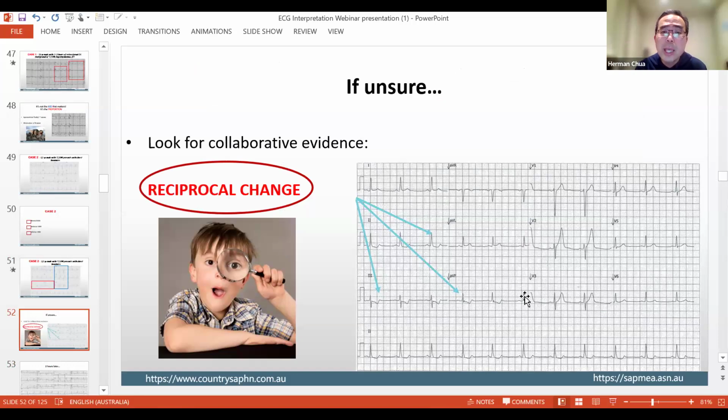In this case, it's the reciprocal change that you can see in the inferior leads. Reciprocal to what? Reciprocal to 1 and AVL, which are lateral leads. And remember, the lateral leads are associated with the anterior leads. When you actually see this, it's highly specific for occlusion myocardial infarction.